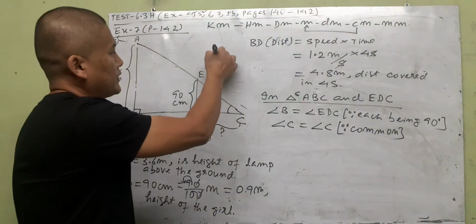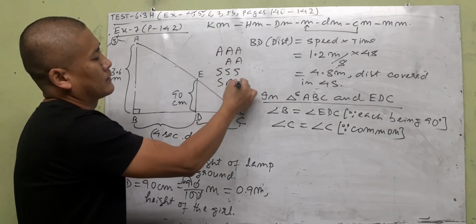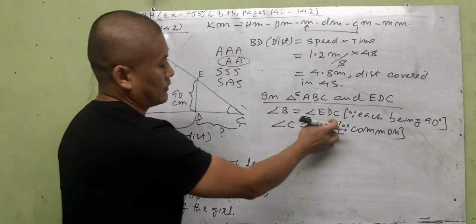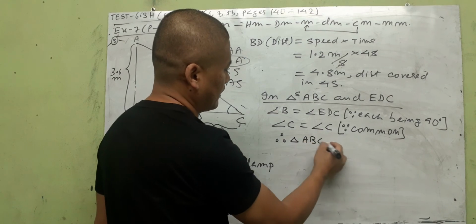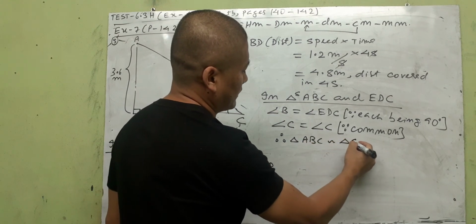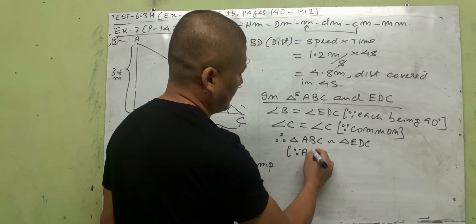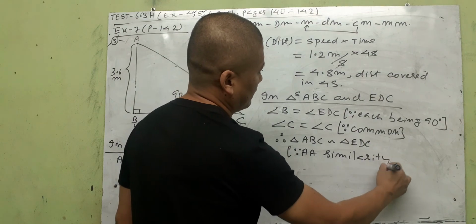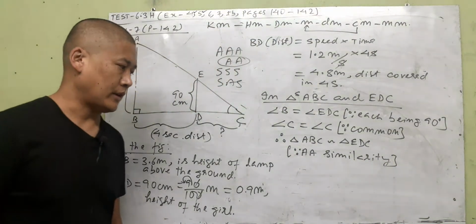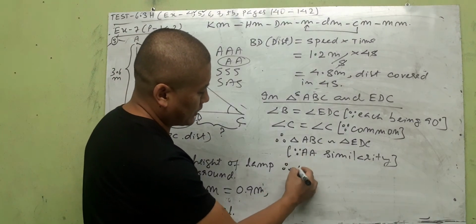Now we know there are 4 similarity conditions: AAA, AA, SSS, and SAS. So by this, here 2 angles are equal. By the second condition, AA similarity, triangle ABC will be similar to triangle EDC by using the AA similarity condition of triangles. I hope you're getting it right. Therefore, the 3 sides will be proportional.